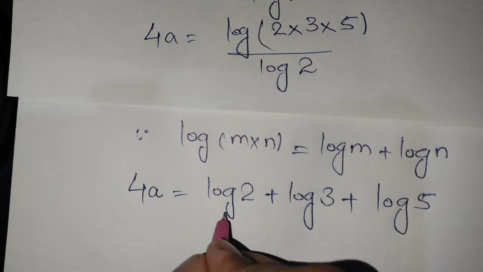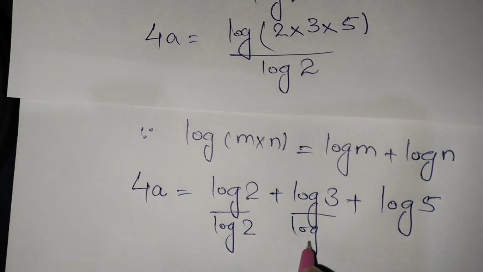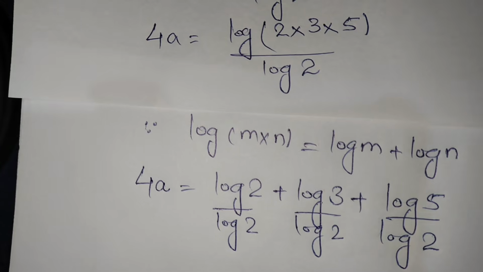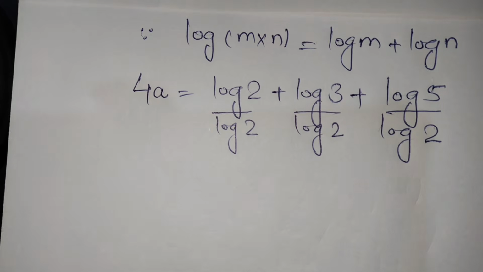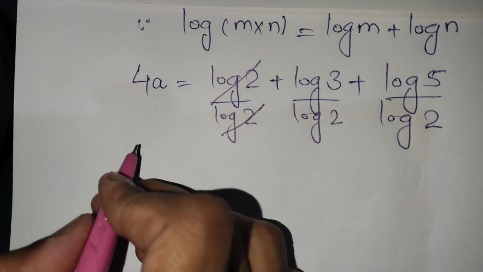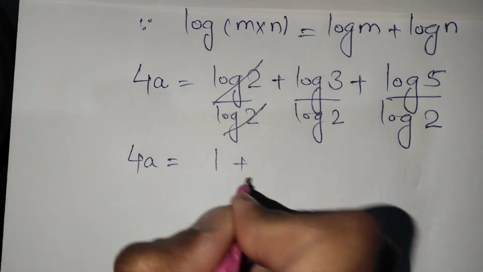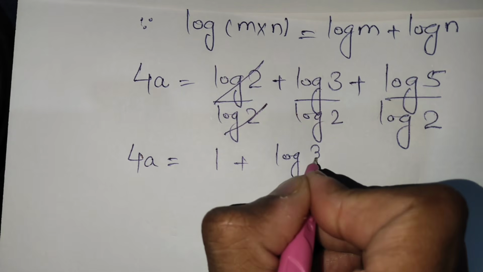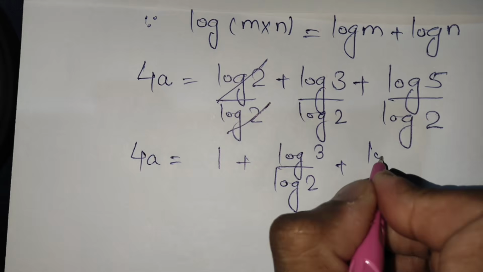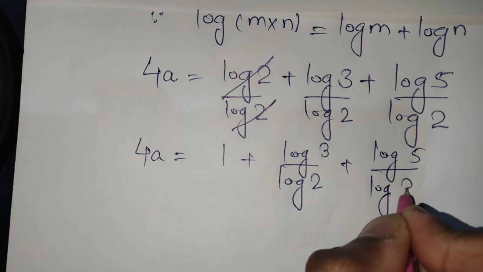and this log 2 divides on 3 terms: log of 2, log of 2 and log of 2. Now log 2 cancels with log 2. So 4a equals 1 plus log of 3 over log of 2 plus log of 5 over log of 2.